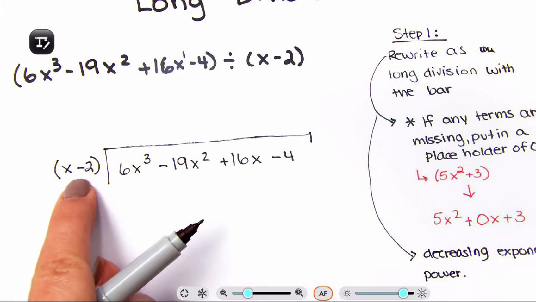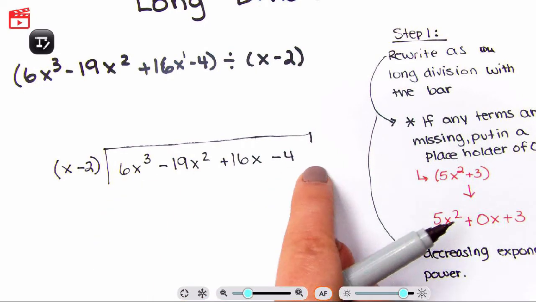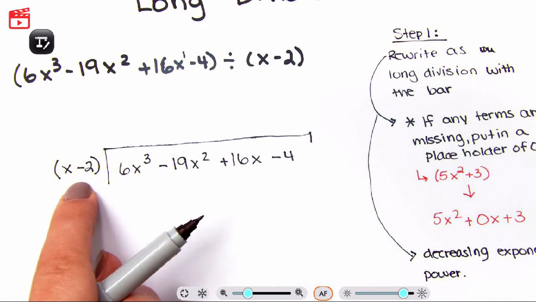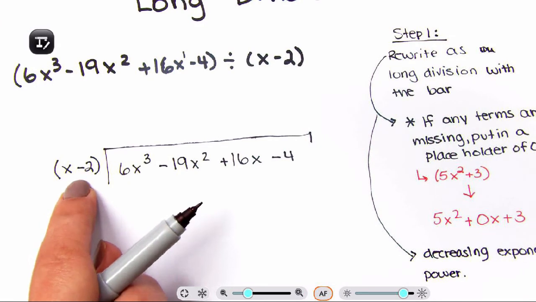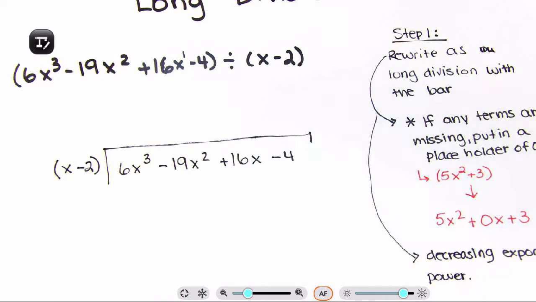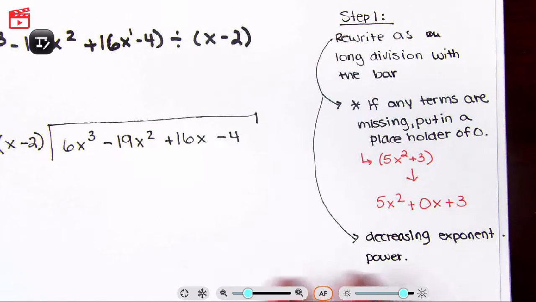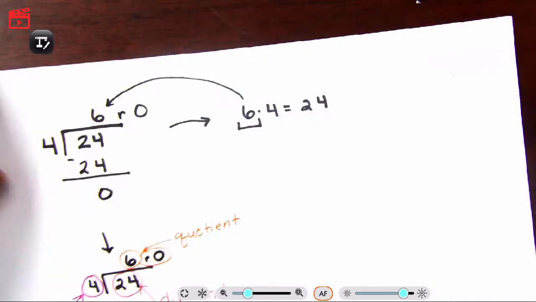So the dividend is what is being divided. The divisor is what is going into the dividend. Okay, so that's step number 1. I'm going to go ahead and change my sheet of paper, because I don't have any space for step number 2. That's kind of like step number 0, and you'll see why. That's just your setup.